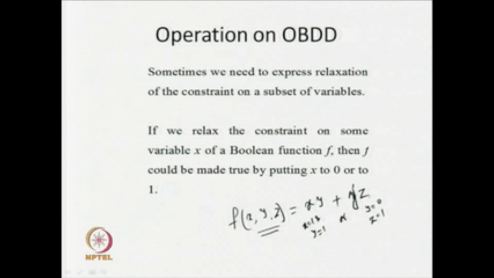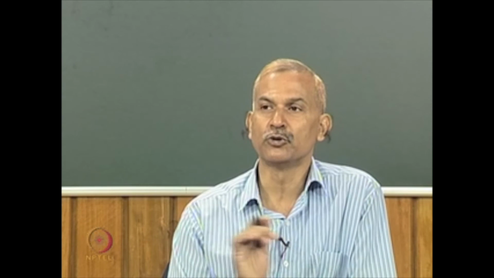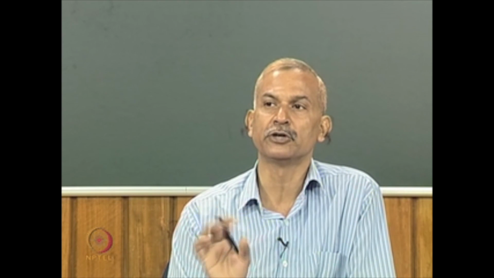That means, the functional value will give me the evaluation 1 for either x equal to 0 or x equal to 1. Whatever may be the value of x, that function is going to give me a valuation 1. That means, the valuation will depend on other variables. So, in that case, we are going to say that we are relaxing the function on a particular variable.